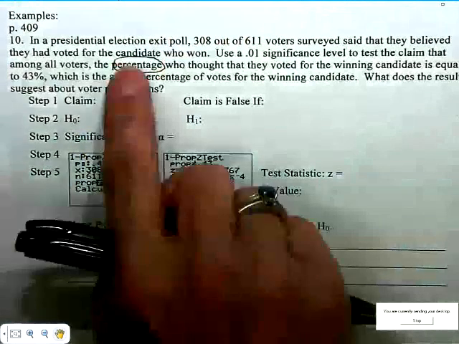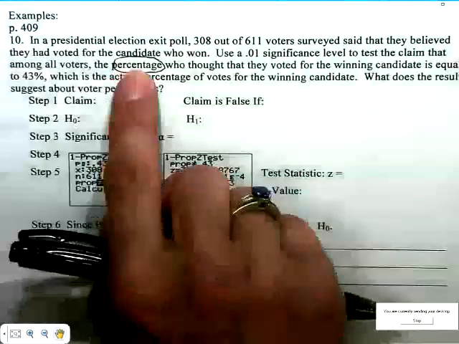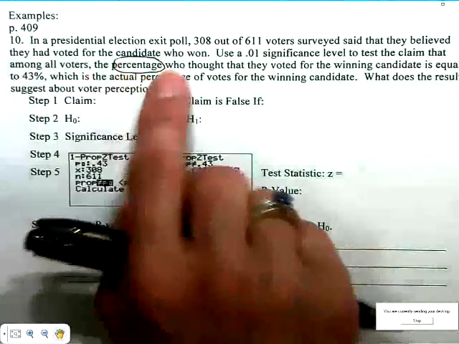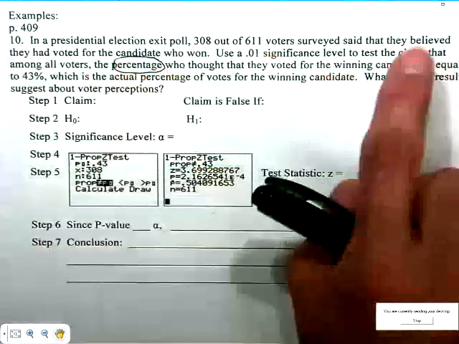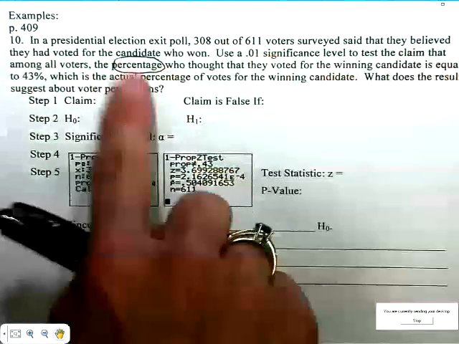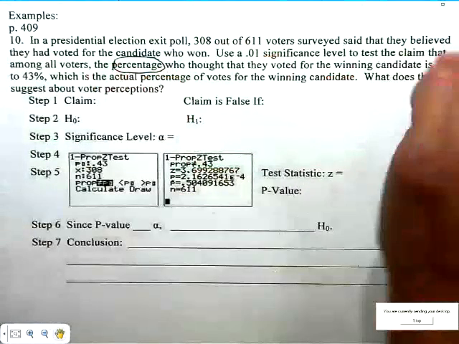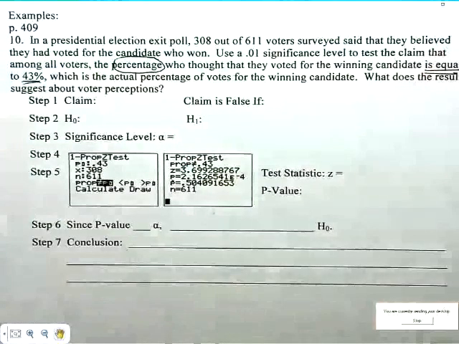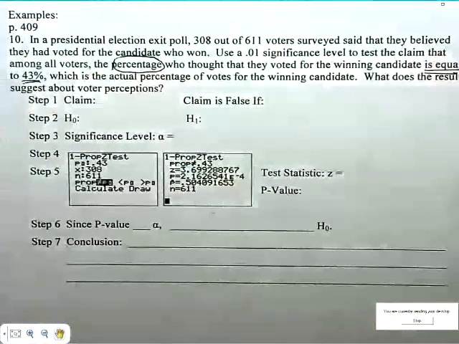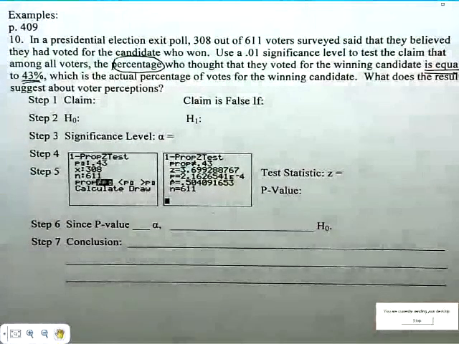Percentage tells me to use a proportion test. It helps to underline your important words. That just draws your eyes right to what's important in that sentence.